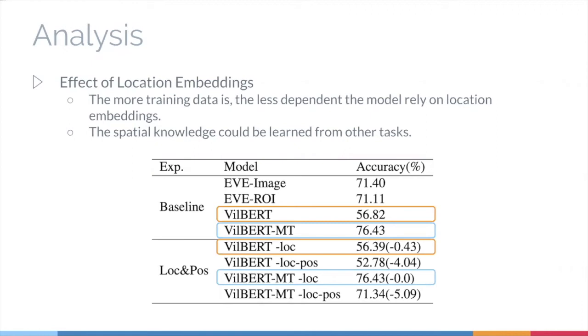So we want to conclude that the more training data there is, the less the model relies on the location embeddings. Also, this kind of spatial knowledge could be learned from other tasks, which makes the mixed model less reliant on the location embedding.